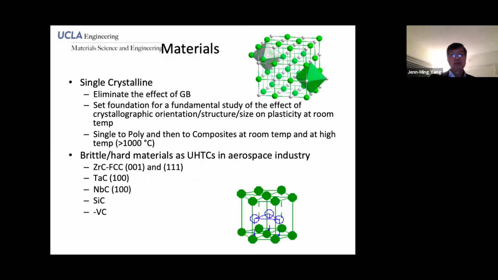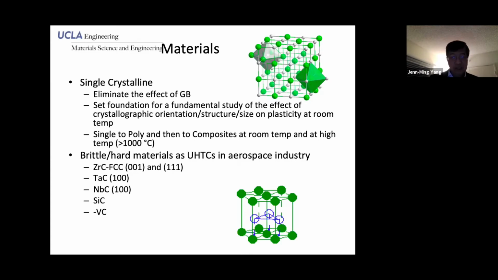The materials that we used initially were all single crystals. We chose single crystals for many reasons. One is to eliminate the effect of grain boundaries. We can also set the foundation for a fundamental study on the effect of crystallographic orientation, structure, and size on the plasticity at room temperature.